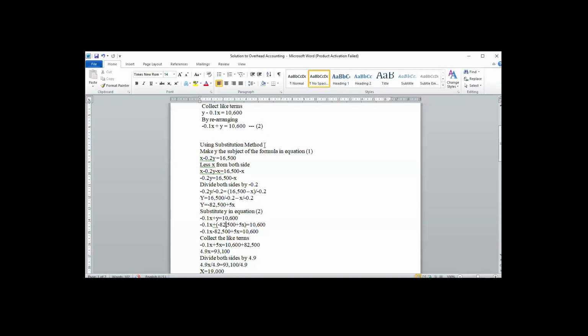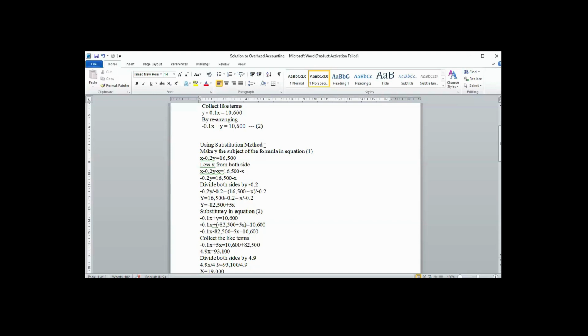We will now divide that, because in fractional form, you can't subtract X since we don't know the value of X. So let's use that divisor to divide each term individually: 16,500 divided by minus 0.2, then minus X divided by minus 0.2. Doing it individually is allowed mathematically.